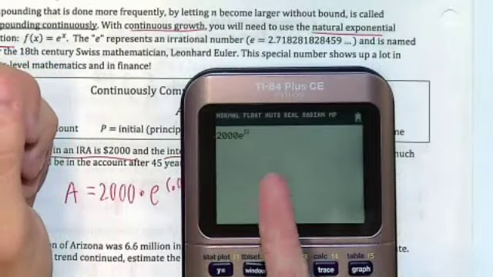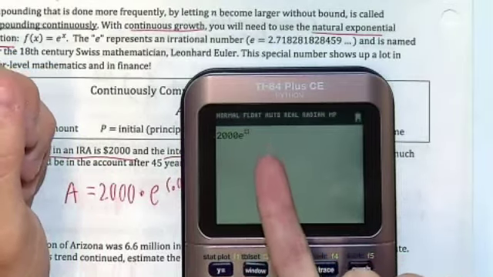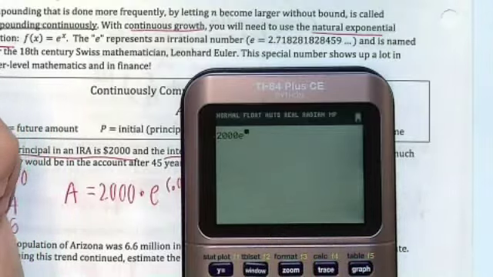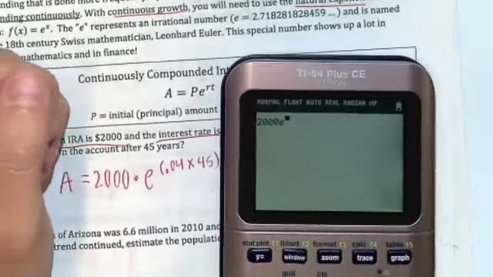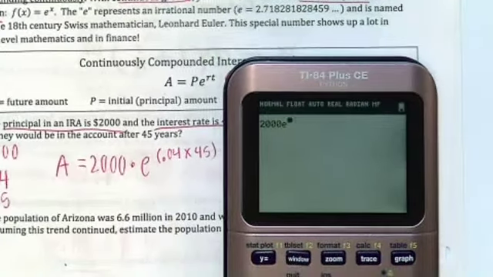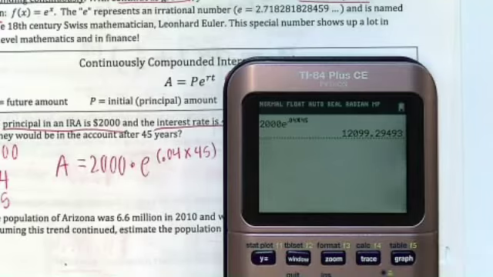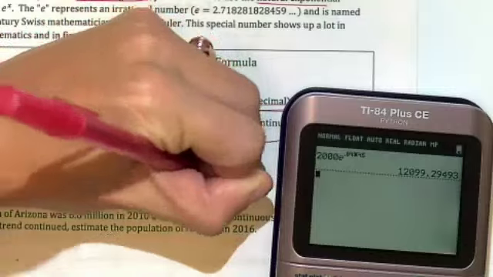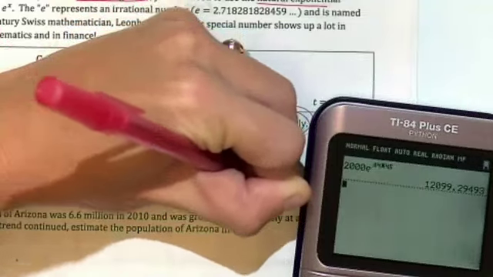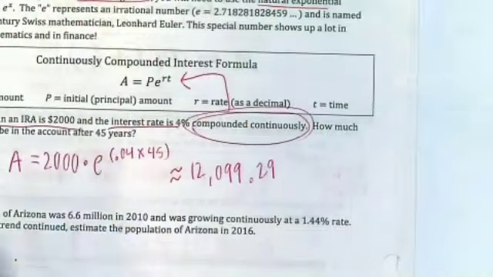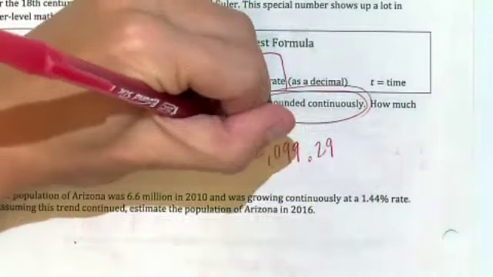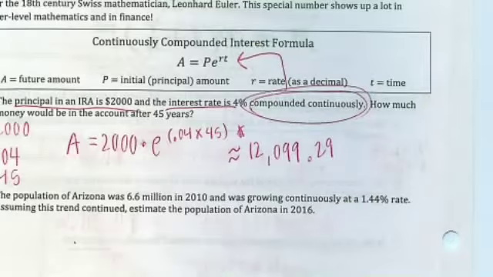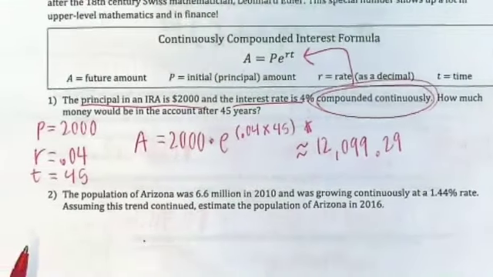You'll notice it just puts e in there for you, and it automatically makes you put an exponent. E has relationships with exponents that we will talk about soon. So now I'm just going to put in that 0.04 times 45 and get my output. I get an output of $12,099.29. That is how much would be in the account after 45 years.